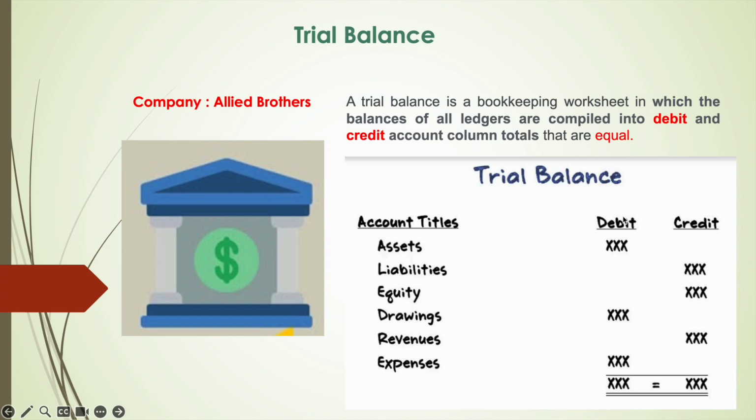The balance is typically broken down into debit and credit columns. Debit balances are listed in one column and credit balances are listed in another column. The total of the debit column should equal the total of the credit column.